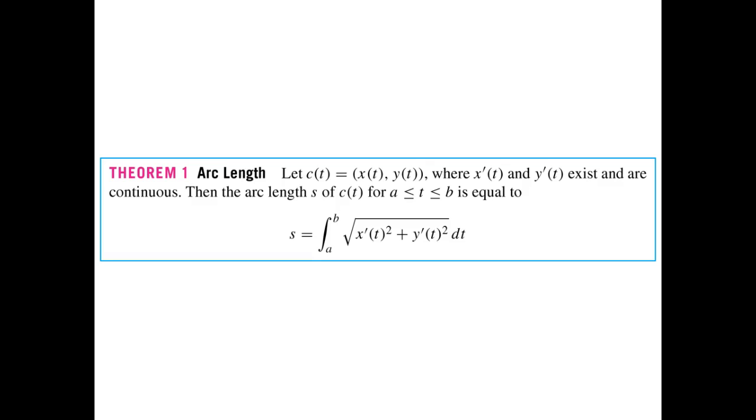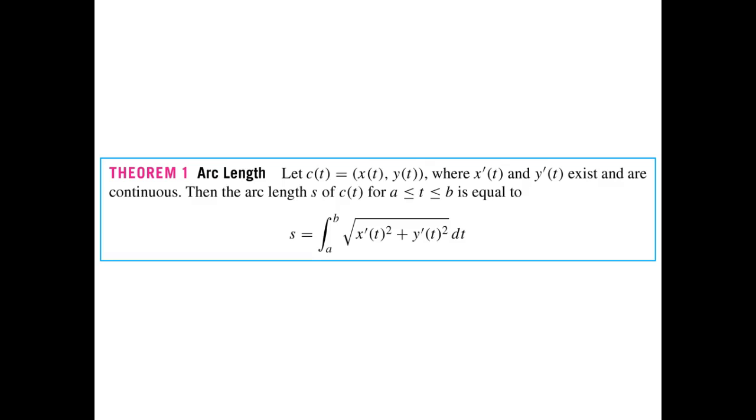Now, x of t, y of t, where the derivative of each of these does exist, where x prime of t exists and where y prime of t exists. Okay? Not only do they need to exist, they also need to be continuous. The derivatives need to exist and be continuous. Like the two functions can't go like that.